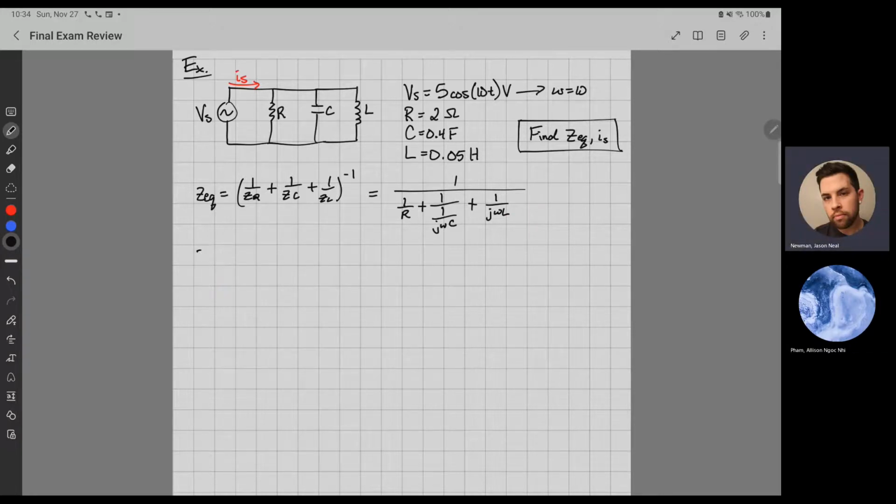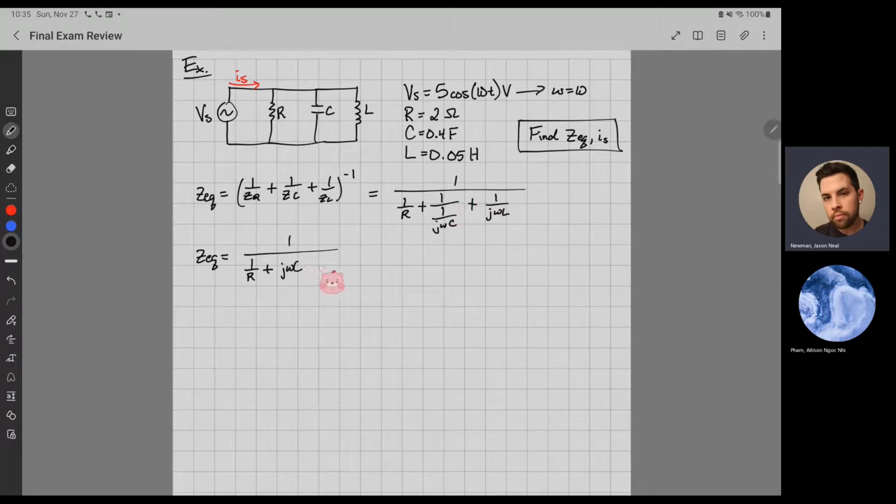So Z equivalent is equal to 1 over, let's simplify this a bit, 1 over R plus j omega C. 1 over anything is just the denominator brought to the top.